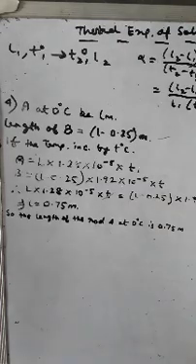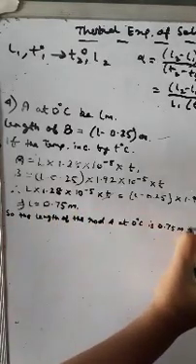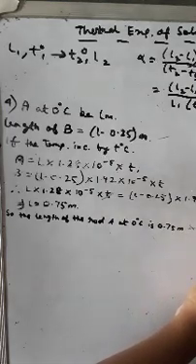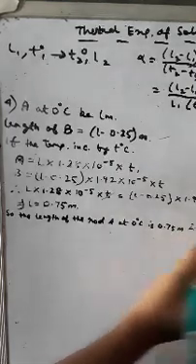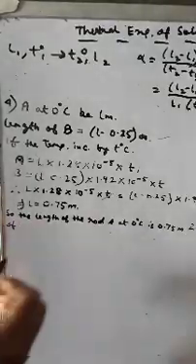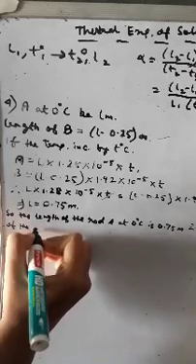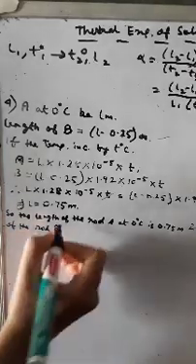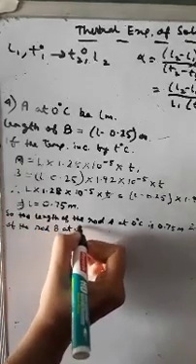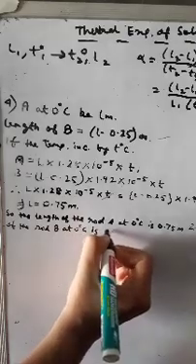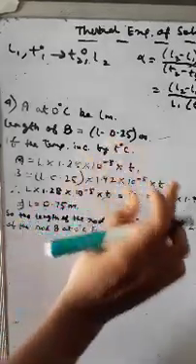And the length of the rod B at 0 degree C is what? L minus 0.25.